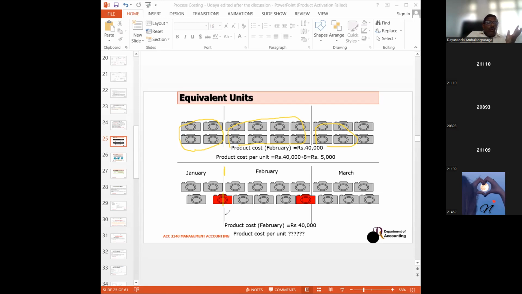But we don't know the amount of resources consumed to partly produce this particular camera. So what we have to do is consider this part as equivalent units. So it's not 1 unit, 1 camera.